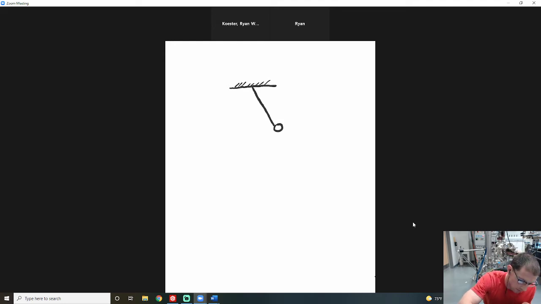And let's say at some given instant, the rod makes an angle theta with the vertical. So what are the forces that we have acting on this thing? Well, we're going to have the tension force, and we're going to have the gravitational force.